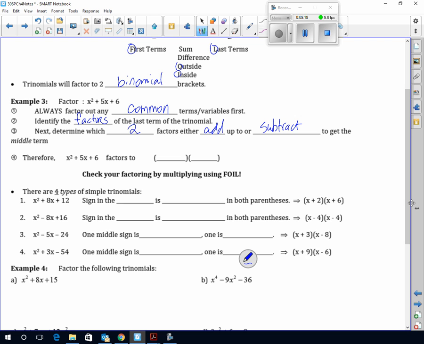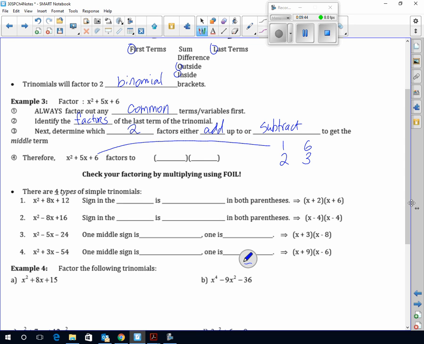Does everybody see that? So once you get those factors, you have to look at the signs and whether they add or subtract up to 5x. Now, in order to get a positive sum and a positive product, the only way you can get a positive product is if you do -1 times -6, or +1 times +6, or -2 times -3, or +2 times +3.